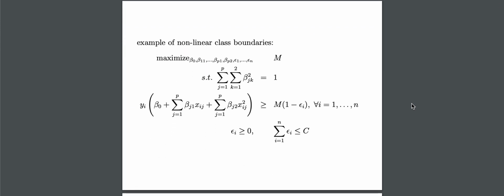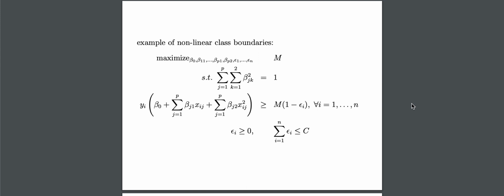Now, how can we use this to create nonlinear class boundaries? We can use the same reasoning that we used when we were interested in having nonlinear models, nonlinear regression.